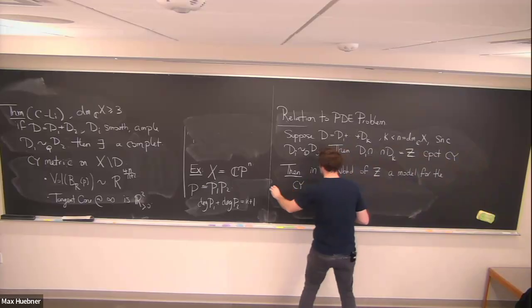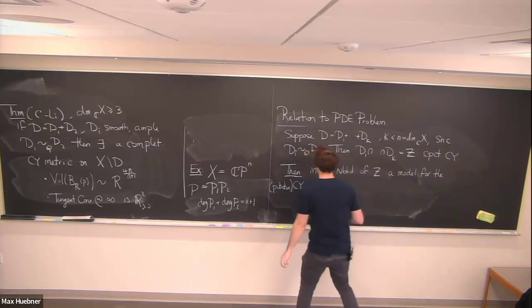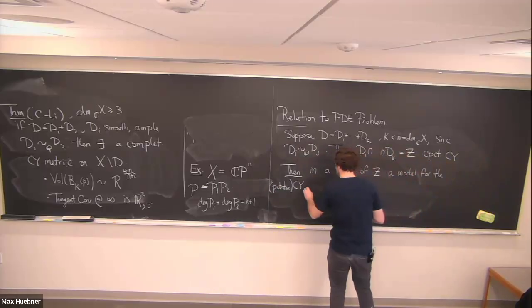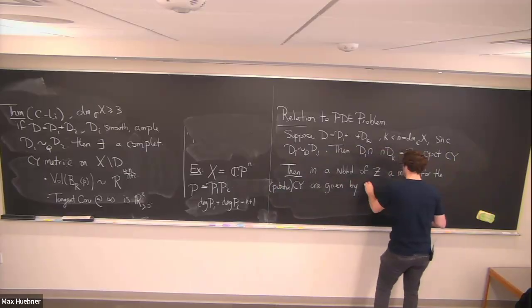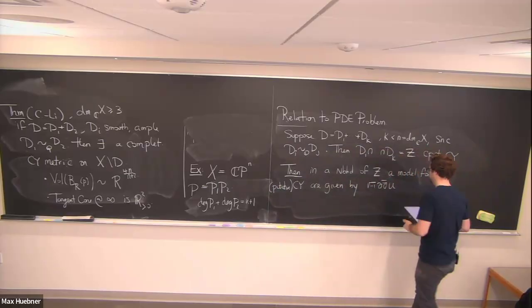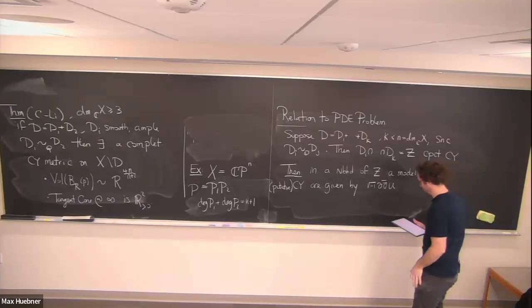for this sort of putative Calabi-Yau metric, so we don't know it exists yet, but the asymptotics that you might expect are given by square root of -1 dd bar of u. Okay, where u is a real function.